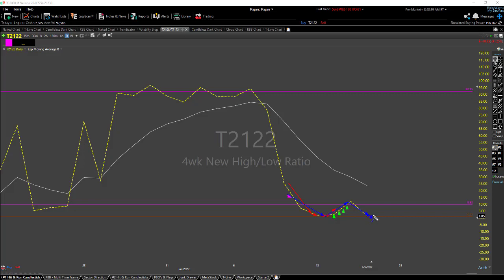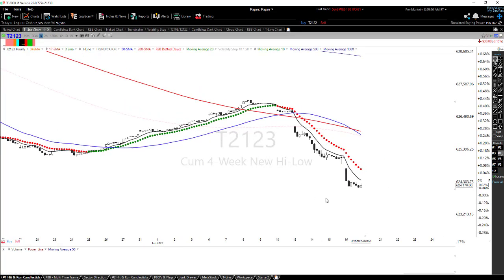Now, if we start coming up again and we can hold up here, now you've got yourself a nice little oversold setup that may produce some sort of a relief rally. I say may because there is absolutely no guarantee of that. This is just an indicator that follows price, and price is the ultimate tool.